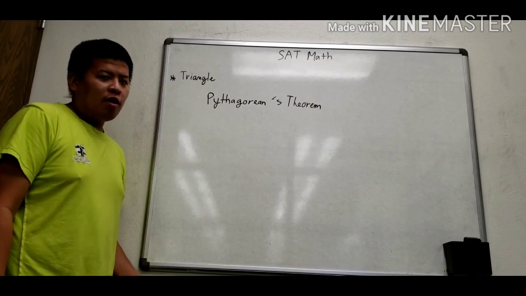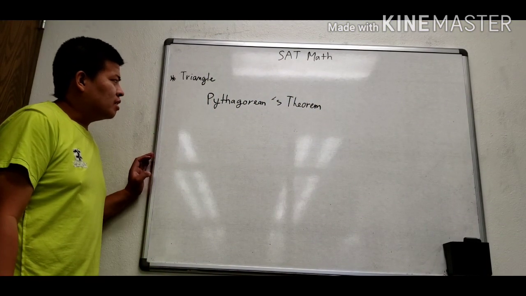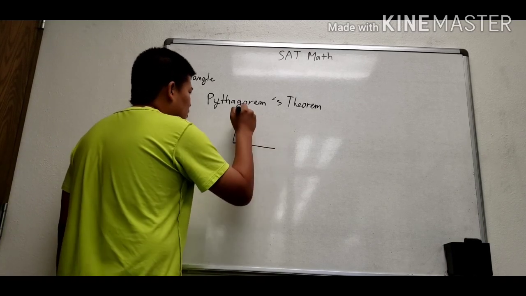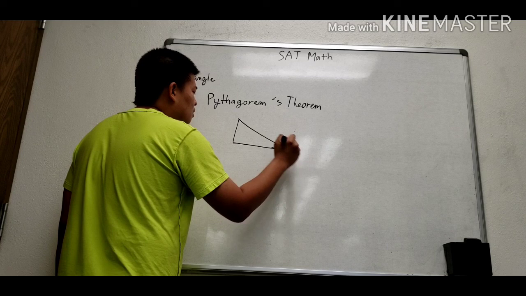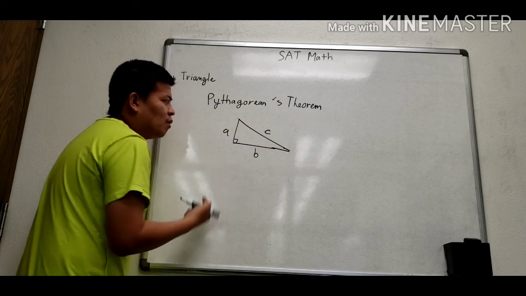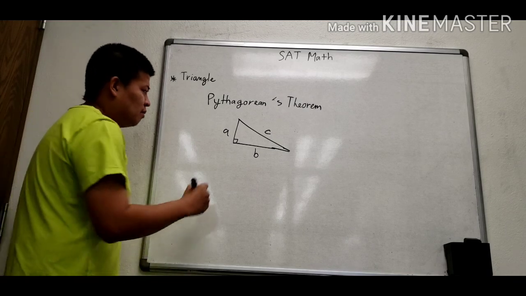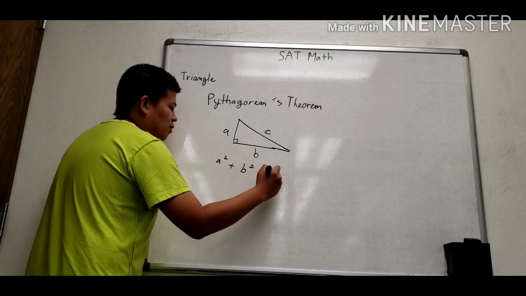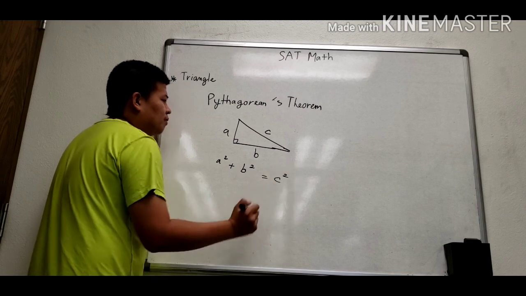The next topic we talk about is the Pythagorean theorem. The formula of Pythagorean is a power 2 plus b power 2 equals c power 2.